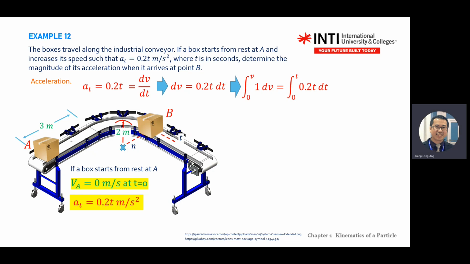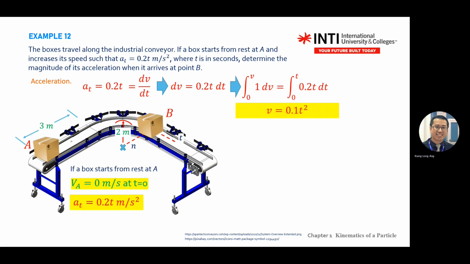I saw some students struggle with the limit. They don't know from where to where. Again, this is a tutorial question. When it comes to the final, sometimes the v is not 0. This example is, let's say, start from rest. When it comes to test 1 or assignment, there is a speed there. So this is not 0. You have v1, v2.